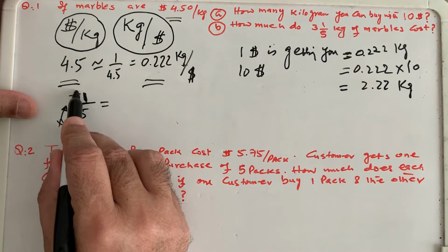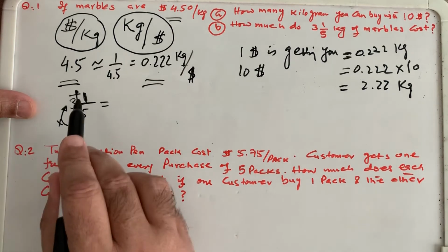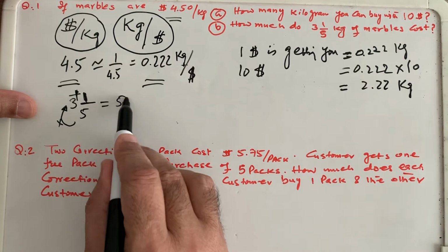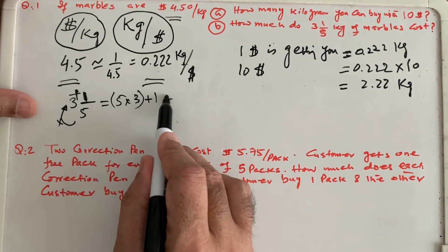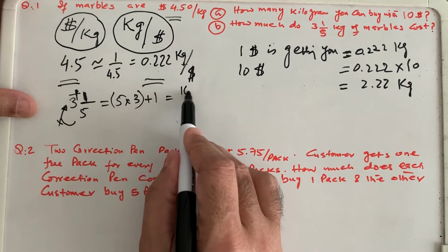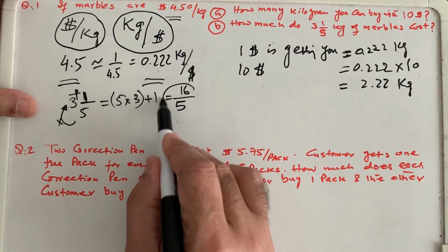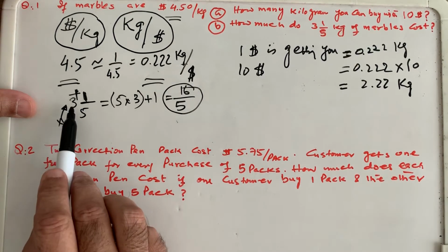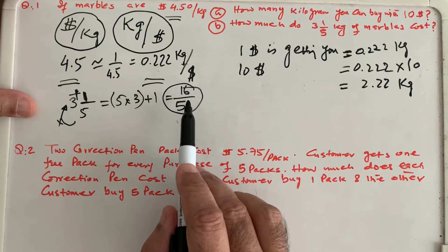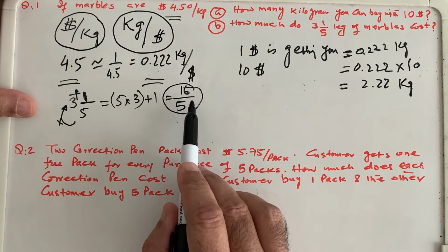And then you add the numerator. So 5 times 3 plus 1 makes it 16. So 16 divided by 5 is your fraction. It was a mixed fraction, and now you convert it into an improper fraction.